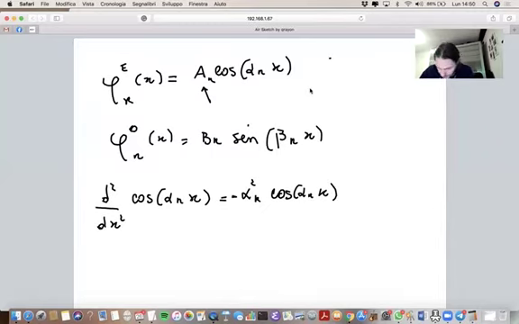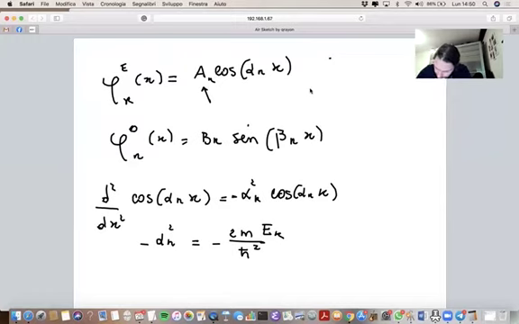And therefore, you get the equation alpha squared equal to negative 2m E k over h bar squared.